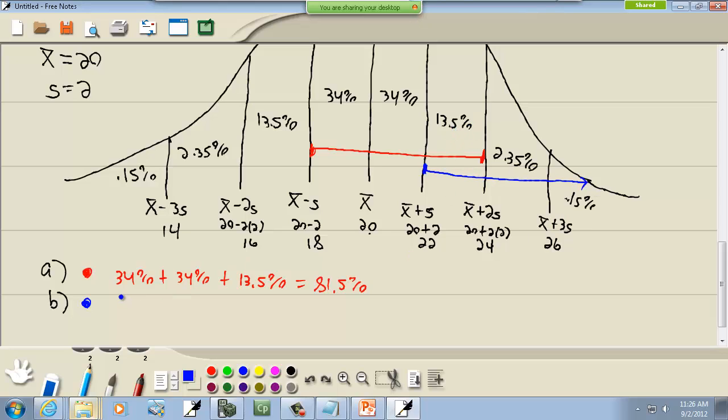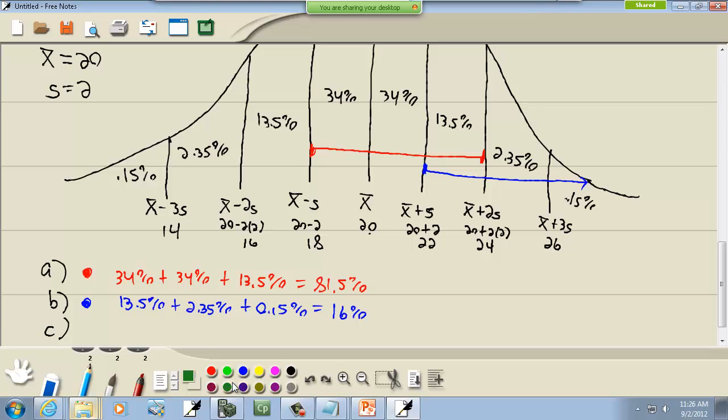So I'm going to add together the 13.5% plus 2.35% plus the 0.15%. And we do that here. Of course, there's still a margin of error assumed with this that I'll type it in wrong into the calculator. That gives us 16%.